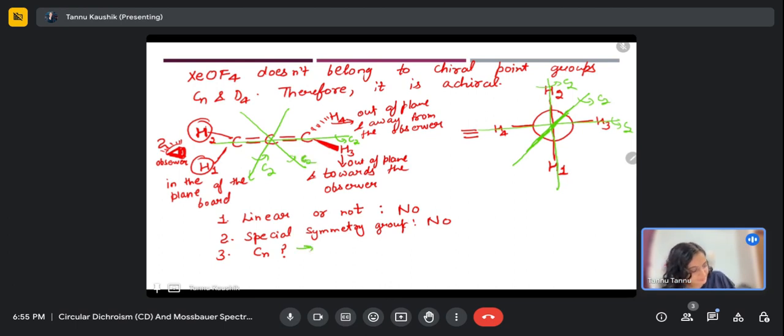So yes, the principal axis is C2. Then we have two C2 perpendicular to the principal C2 axis. Yes. The next question we are asking is whether the molecule has horizontal plane.